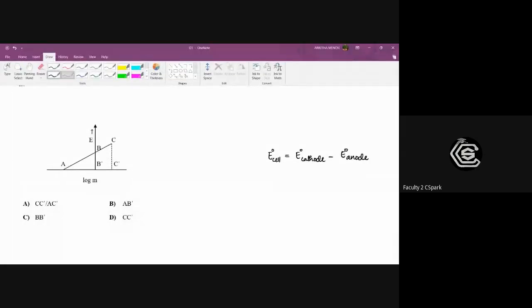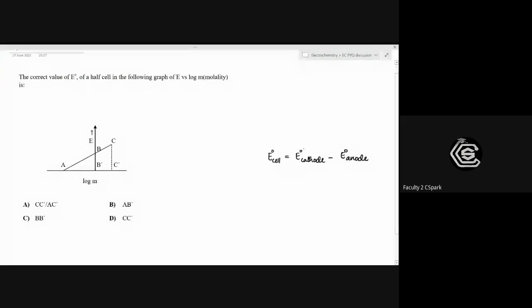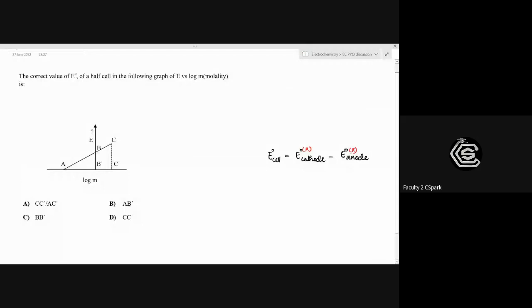Now, please note, whenever you use this equation, it is always the standard reduction potentials of the anode and the cathode that we use. This is an equation. So here the LHS is the standard electrode potential of the whole cell, where the cathode will form the reduction half cell and the anode will form the oxidation half cell. This is one equation.